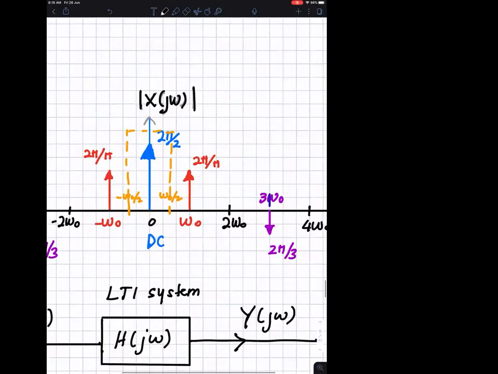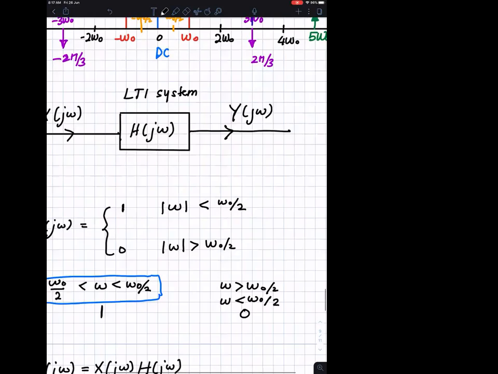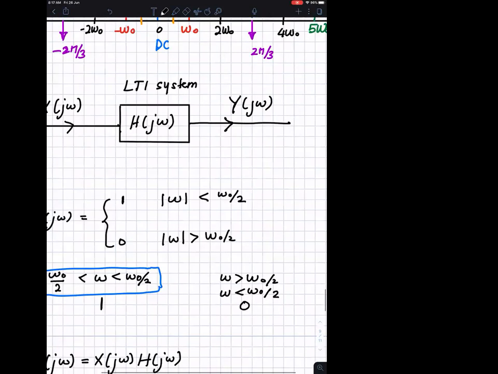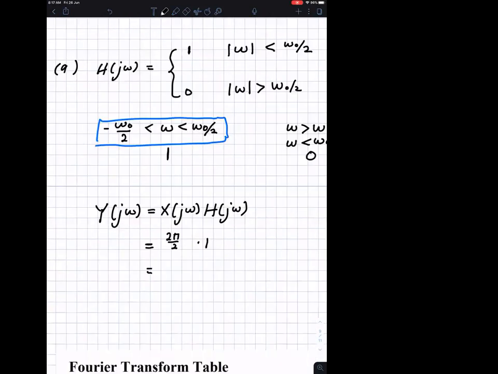So as far as the amplitude is concerned, the filter has a magnitude of 1, and it's passing 2 pi over 2. And that's going to be 1 over 2 multiplied by 2 pi.